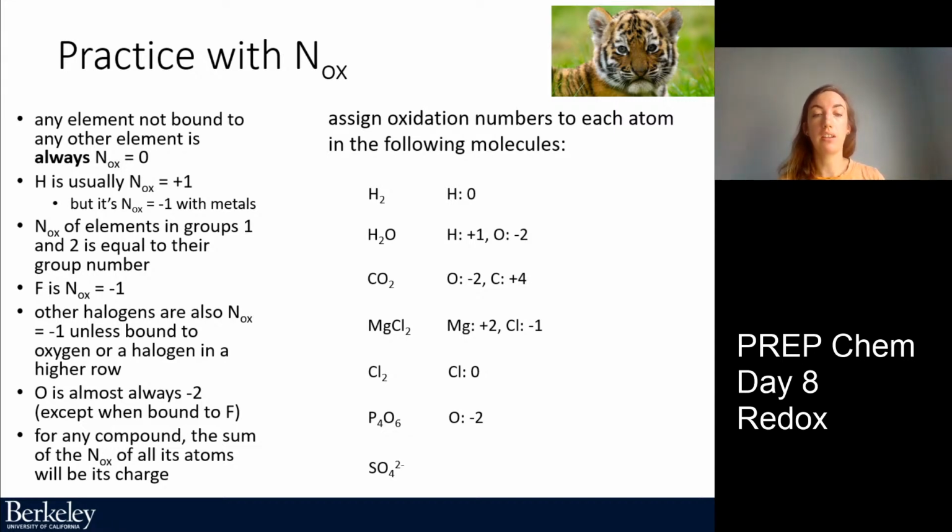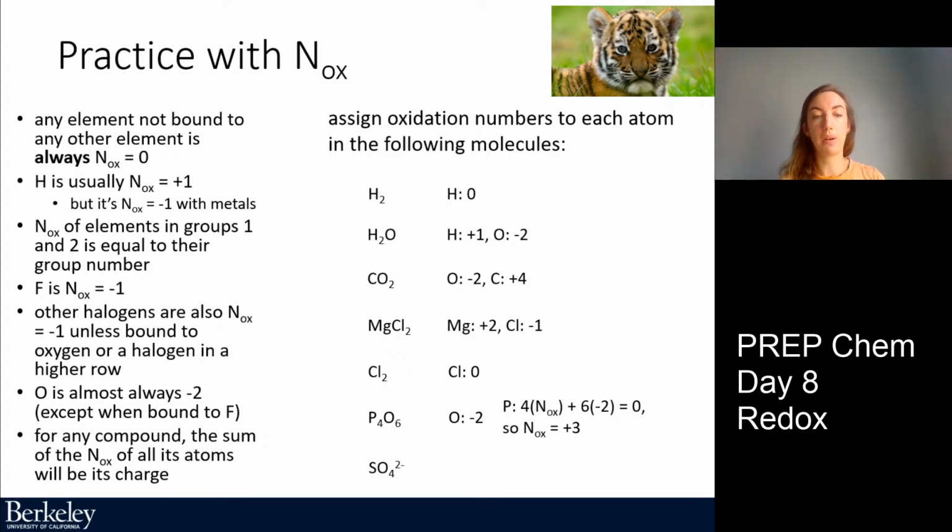We know that the sum of the oxidation numbers of all of its atoms must be equal to its charge, and its charge is 0. So 4 times the oxidation number of phosphorus plus 6 times the oxidation number of oxygen, which is -2, will equal 0. And then all we have to do is solve that equation. We're going to get 4 times N equals 12. 12 divided by 4 is 3. So our oxidation number of phosphorus is going to be +3.